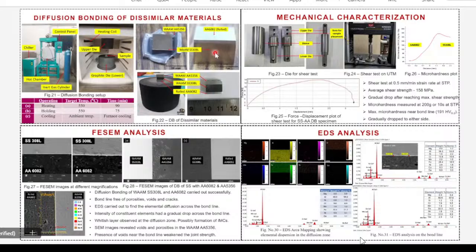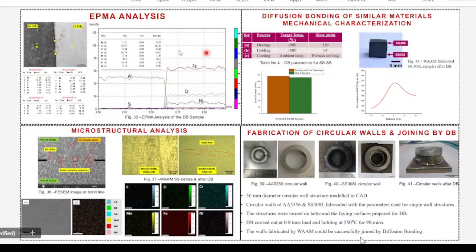So the bond line is very strong, and we have made a component out of that. That component is very good, and the strength is very good. So this is the new concept that we can make a WAAM component and bond it with the diffusion bonding concept for heat exchanger applications. Everyone working in this field can use this technique also.